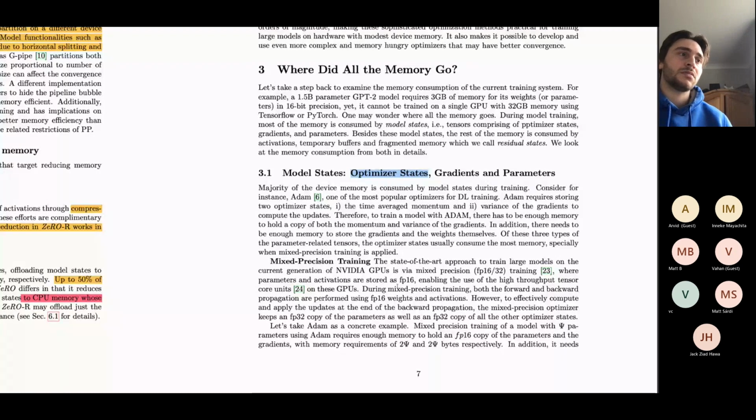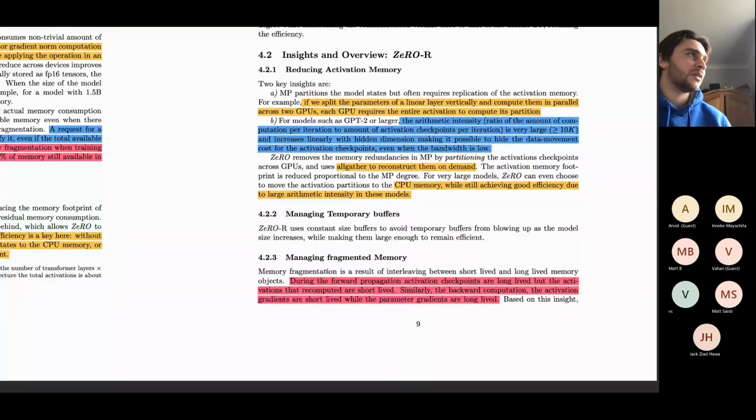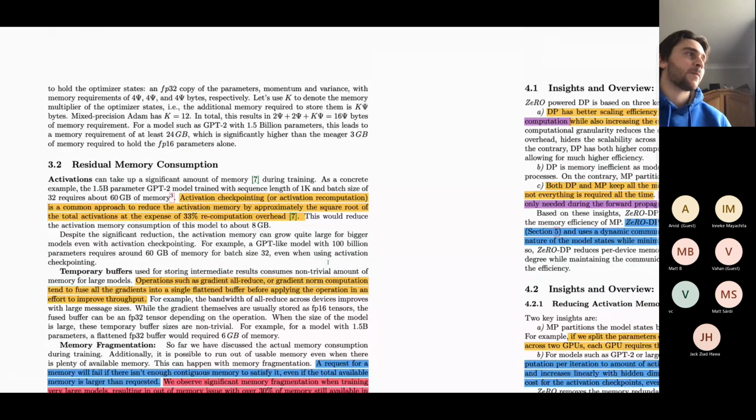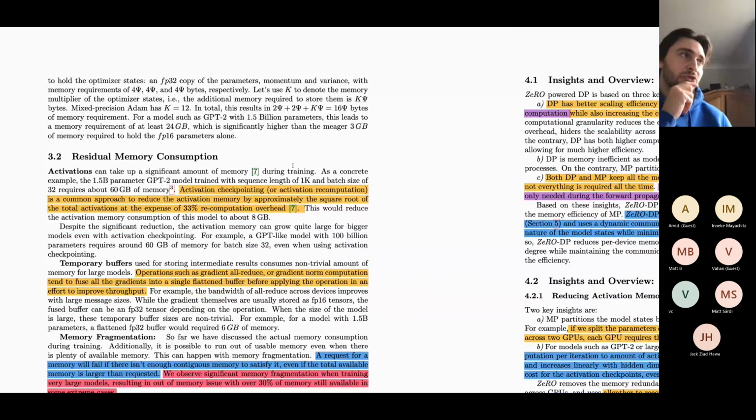And then they also have to store what we talked about before: the parameters and the optimizer states, like the momentum and variance, in floating point 32 for updating them. So they use a lot of memory using Adam, or any other of these optimizers that has some first or second order statistics.